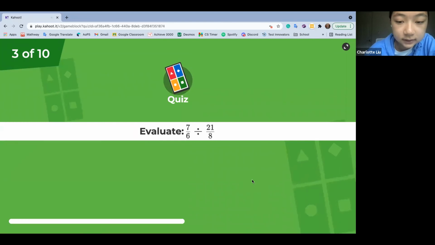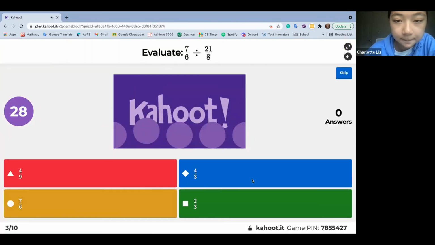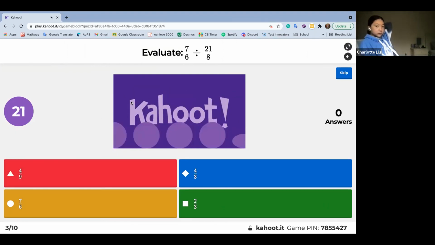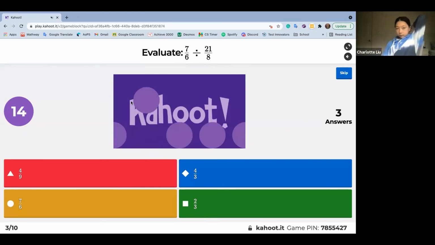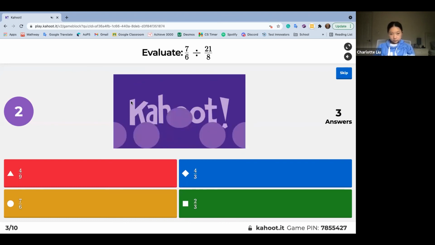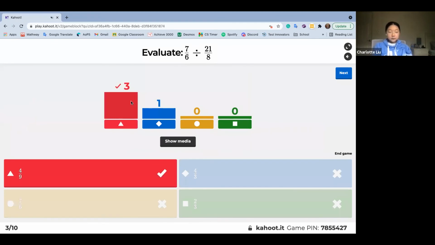Evaluate 7 over 6 divided by 21 over 8. How many people got that?